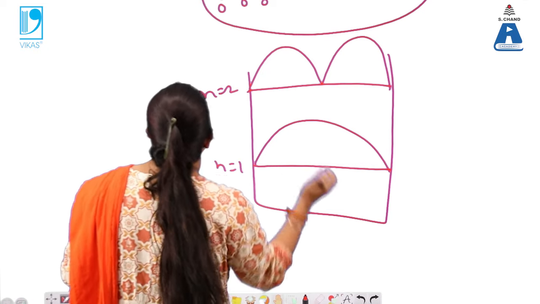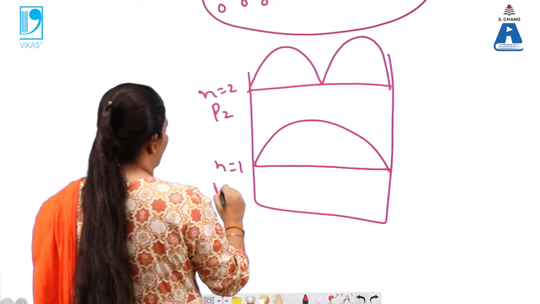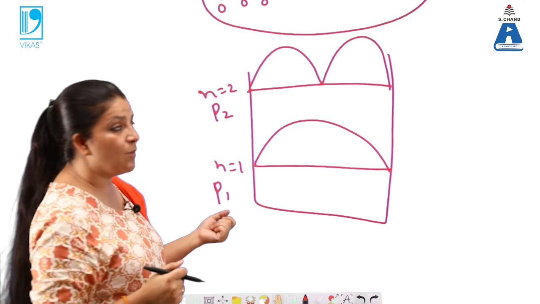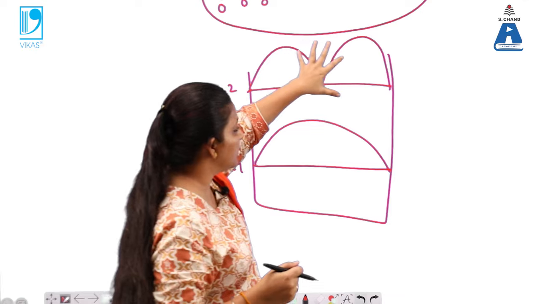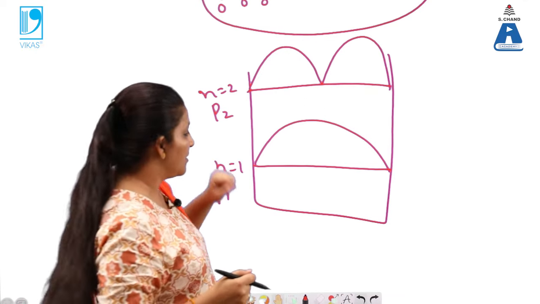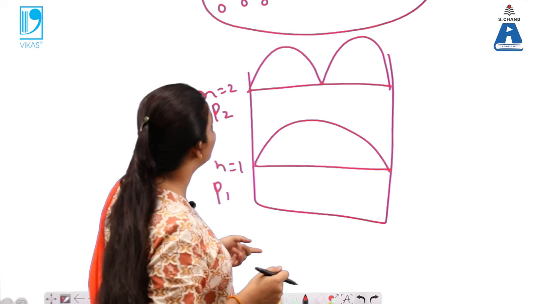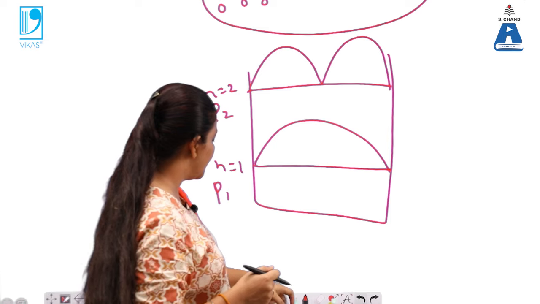For n equals to 2 the probability will be P2, and for n equals to 1 the probability will be P1. So this is the value of the probability density function for finding the particle inside the given box. So these are the energy eigenvalues and the wave function values for the particle defined in the 3D box.